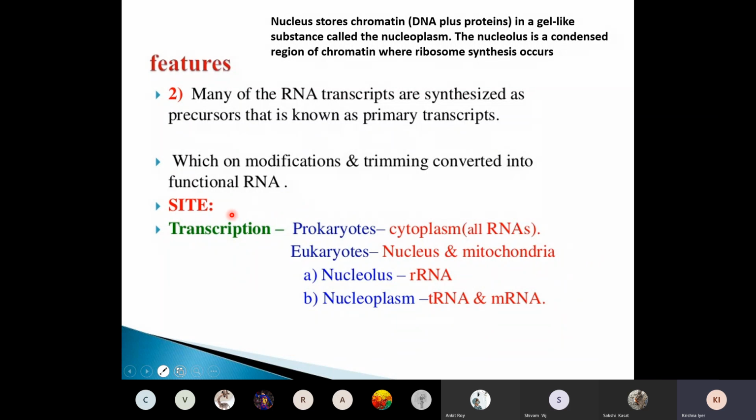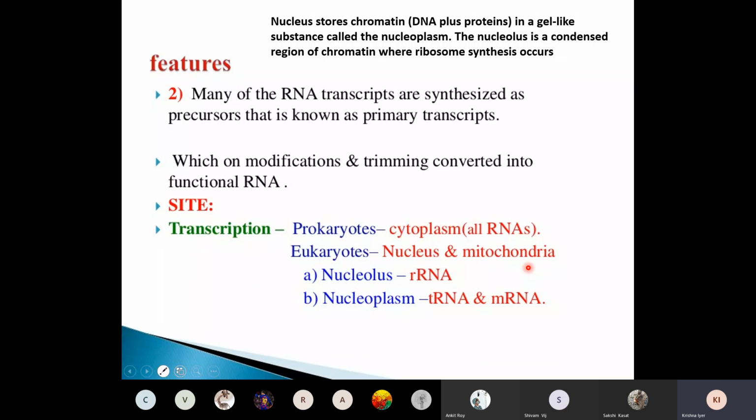Now, where does all this occur? All of the transcription, especially in prokaryotes, occurs in the cytoplasm, and the reason is that these organisms do not have a nucleus. Their DNA is present in the cytoplasm itself, and the conversion of DNA to RNA also occurs in the cytoplasm. However, in eukaryotes, which have nuclei and other cellular organelles, transcription can occur both in the nucleus and in the mitochondria.